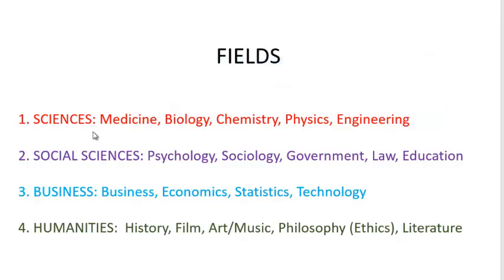So for example, under sciences, I could select any of these, medicine, biology, chemistry, etc. Under social sciences, I'm going to select one of the fields, psychology, sociology. Moving on to business, again, I would select one. And finally, humanities, I would select one field.